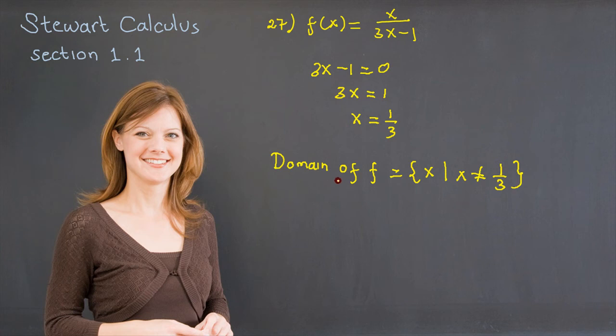If you want to write the domain by using the interval notation, then here we have a number line and 1/3. So we have the whole number line except 1/3. So we exclude that 1/3. Therefore the domain in the interval notation is from -infinity to 1/3, and then union from 1/3 up to infinity.